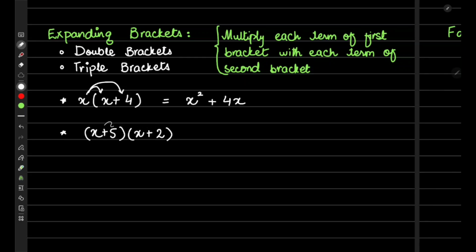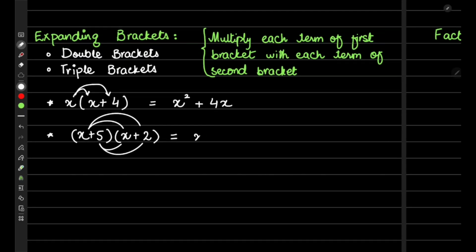So let's see the example of double bracket. We will multiply x with x, x with 2, then the second term with the first term and the second term with the second term. If you write it individually, it is x times the second bracket plus the second term of the first bracket times the second bracket. When we have practiced enough, we can do it directly also.